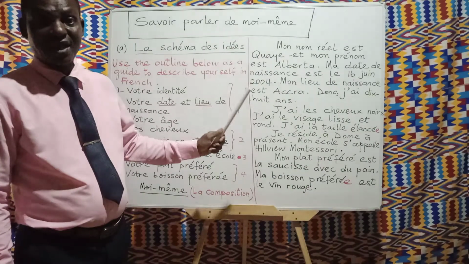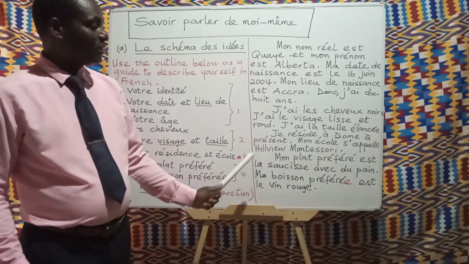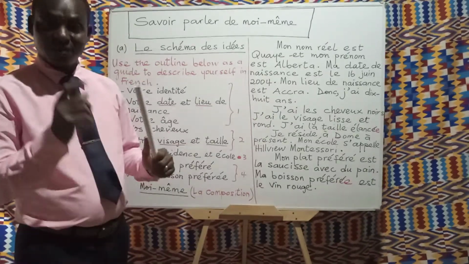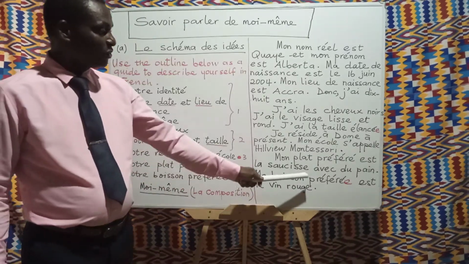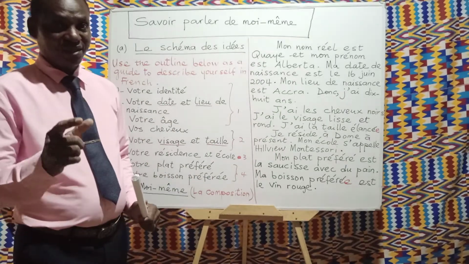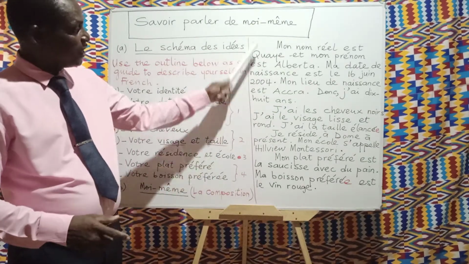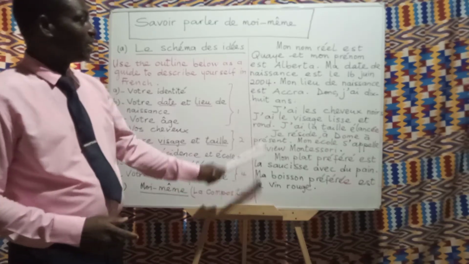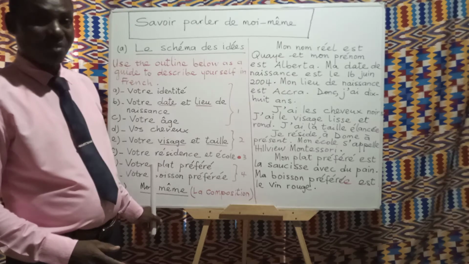So Alberta's preferred food is what? Sausage and then some bread. Then the last one, ma boisson préférée est le vin rouge. Her preferred drink is what? Red wine. So here is a piece of work done by Alberta following the outline that is the plan here.